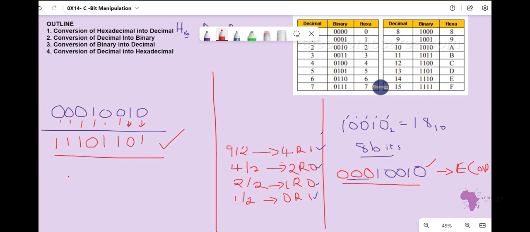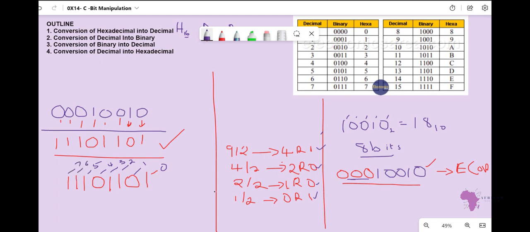For example, let me write 1, 1, 1, 0, 1, 1, 0, 1, like that. This one is position 0, position 1, position 2, position 3, position 4, position 5, position 6, position 7.